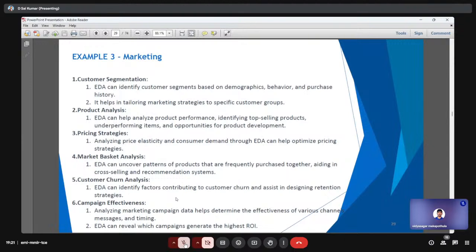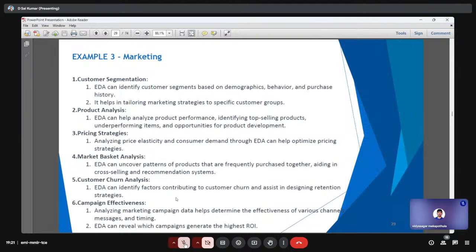Based on demographics, behavior or purchase history, I classify the customers. Even for that I will use EDA, like product analysis, how exactly a product is performing in the market. Similarly, pricing strategies and market basket analysis: if someone buys something, what else he is buying along with it, the pattern.